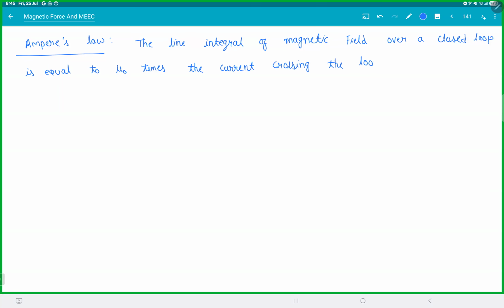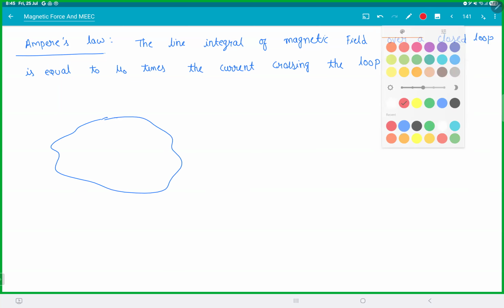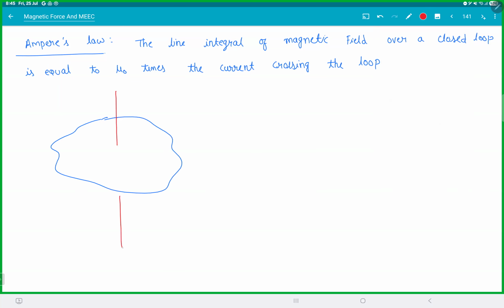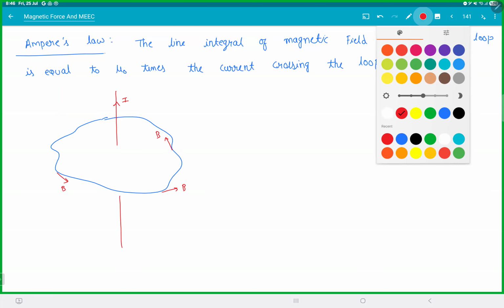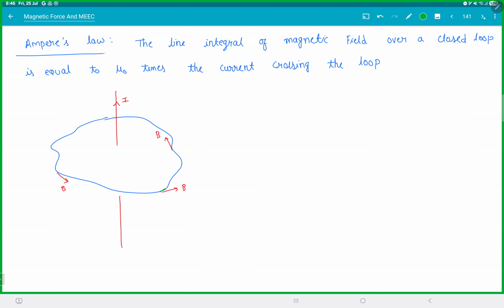So what this means is, if you take any random loop, and let's say there's a current wire I here, and let's say this thing is giving a magnetic field B here, B here, and if you take dl will be along the loop.